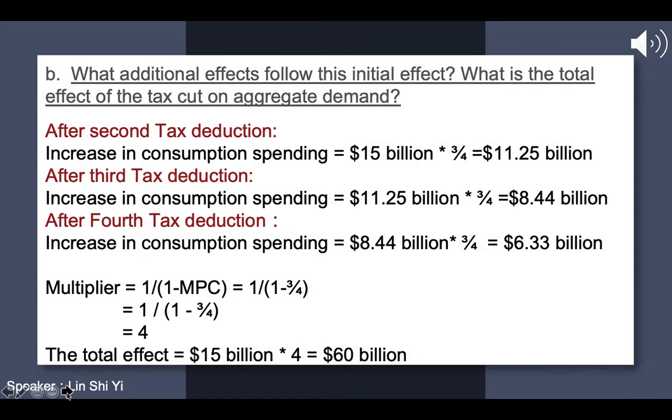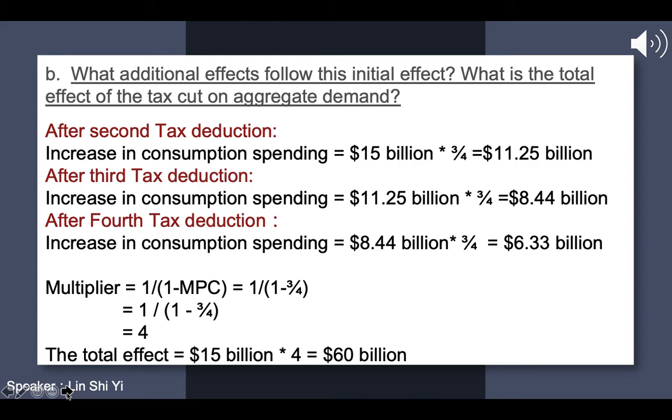Then we move to question B. What additional effects follow this initial effect? What is the total effect of the tax cut on aggregate demand? Using the same method, we can get other effects after the initial effect, and I listed 3 results. We can find that the multiplier effect continues even after this first round.